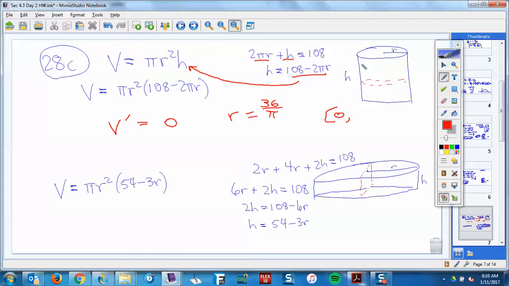If you said, well, when h is 0, you would have 108 divided by 2 pi, which would be 54 over pi. So I could see you saying that is one of your endpoints. However, when would you go from this case to being all of a sudden into this case?